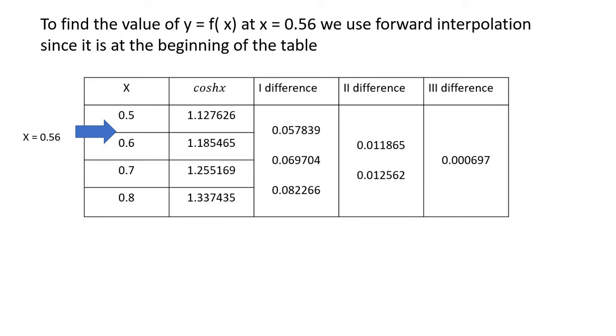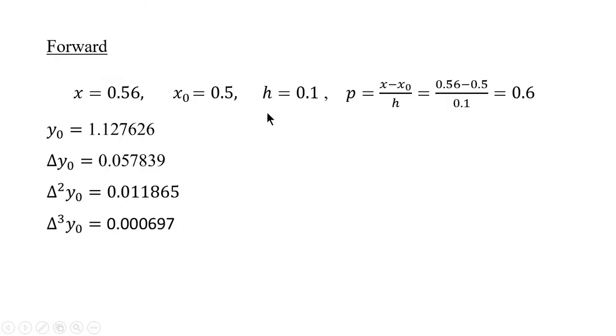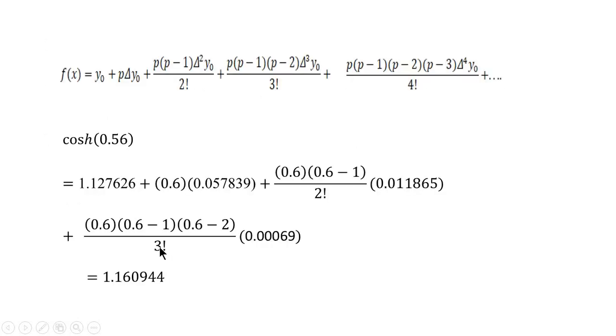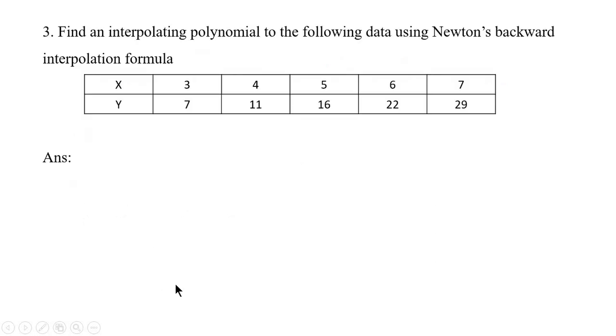So since it is at the beginning, we can use forward interpolation to minimize the error, and the value above x will be x naught, and the corresponding values I have written. Using the forward interpolation formula, substitute, and you get the answer as 1.1609.